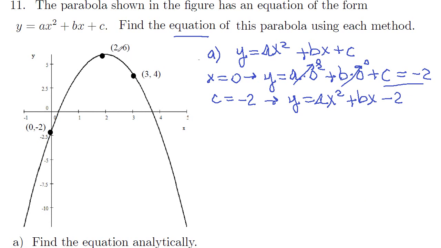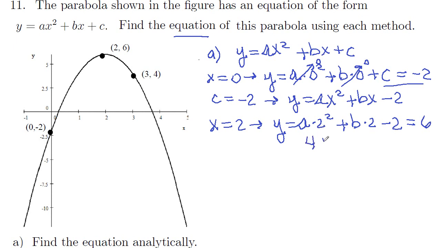Let's do the next point. When x is 2, y is 6. So plug in x equals 2. That will give us y equals a times 2 squared plus b times 2 minus 2, and that has to equal 6. So let's simplify this. 2 squared is 4, so we've got 4a plus 2b minus 2 equals 6.